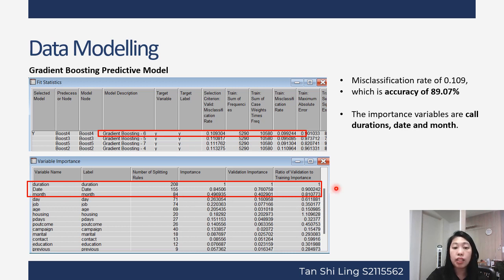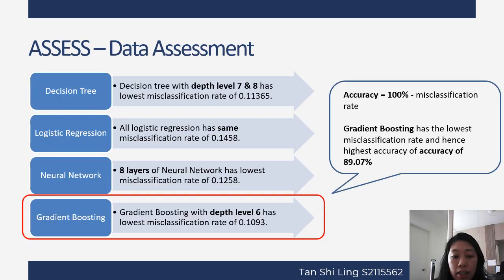Now we have completed the modeling using logistic regression, neural network, decision tree, and gradient boosting. Let's assess which model gives the best performance. We first look into the decision tree. The decision tree with the depth level of 6 has the lowest misclassification and hence is selected.